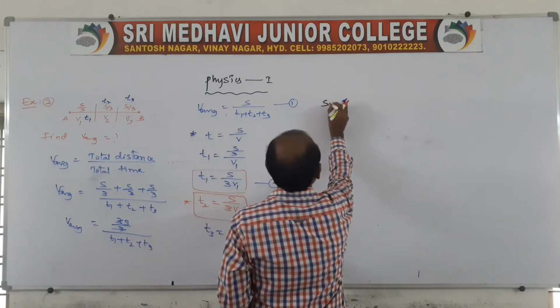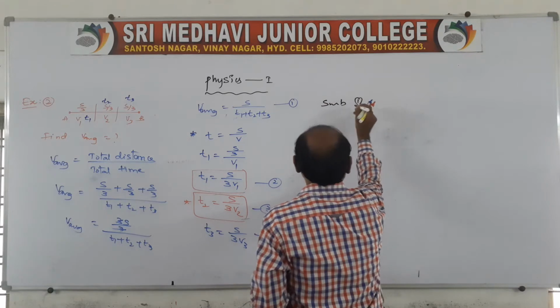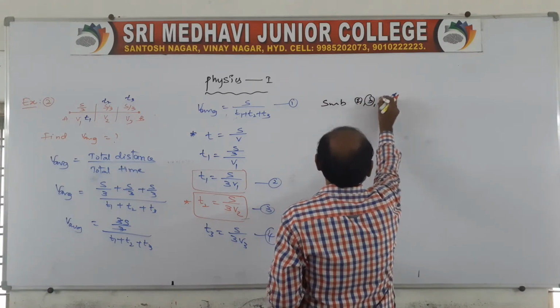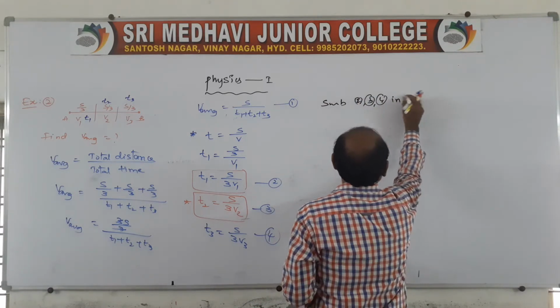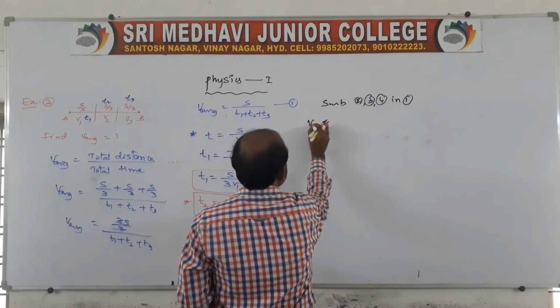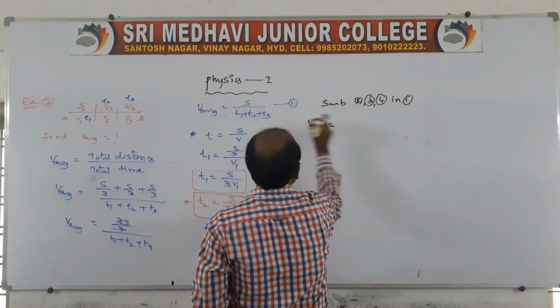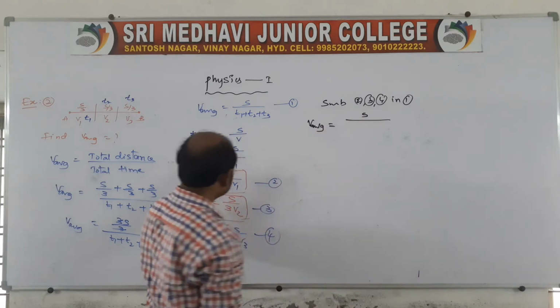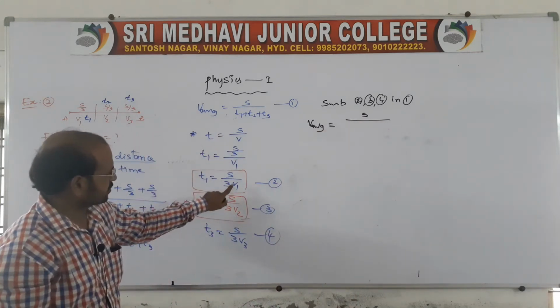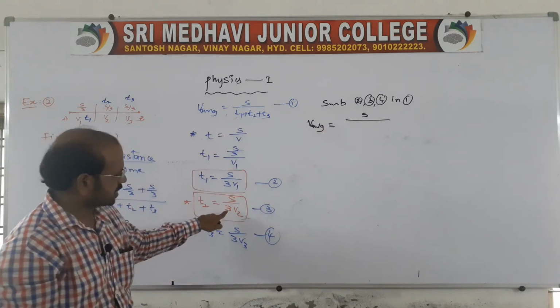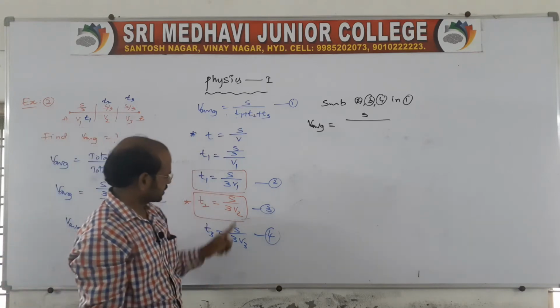Substitute 2, 3, 4 in 1, so the average speed is equal to s by t1, that is s by 3 v1, t2 is s by 3 v2, t3 is s by 3 v3.